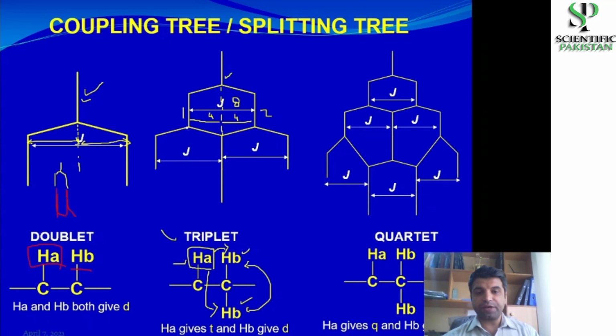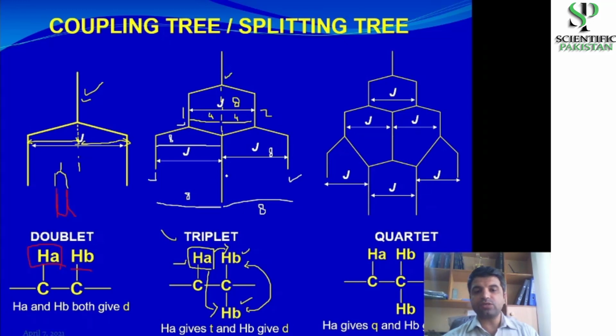So this splitting or splitting of this line will be of 8 Hertz, and this splitting will also be of 8 Hertz, which means that the distance between this line and this line is equal to 16 Hertz, and the distance between these two lines is 8 Hertz, and the distance between these two lines is also 8 Hertz.